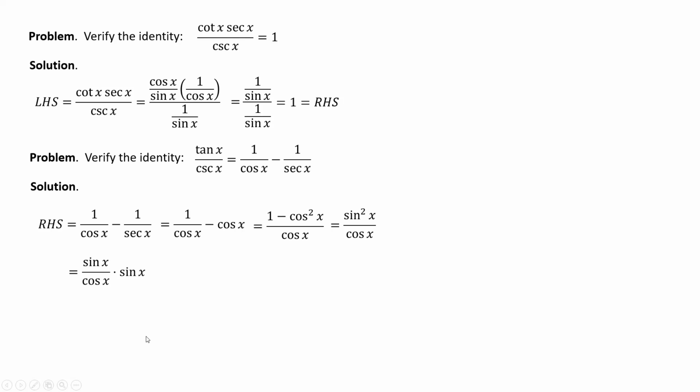Oh, wait. Sine x is nothing but 1 over cosecant x. So let's replace sine x over cosine x with a tangent x and sine x with a 1 over cosecant x. And guess what? We're done. Right? That's equal to tangent x over cosecant x, and that's what our left hand side is. See that?